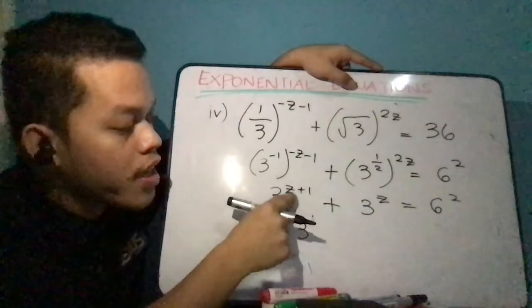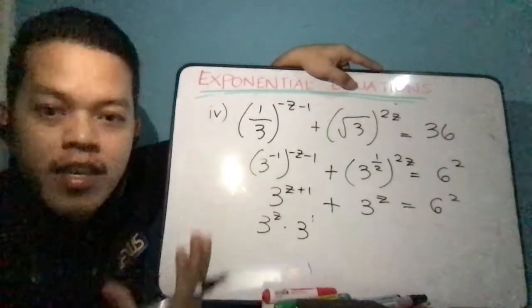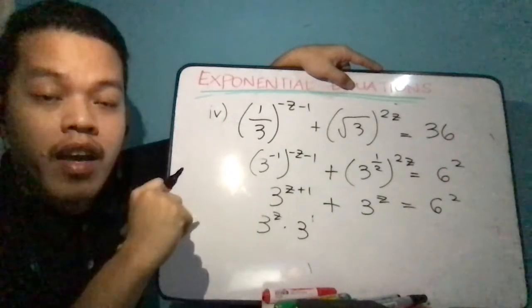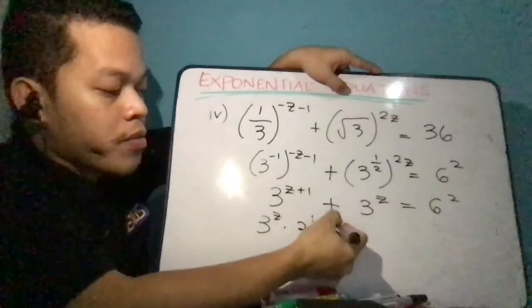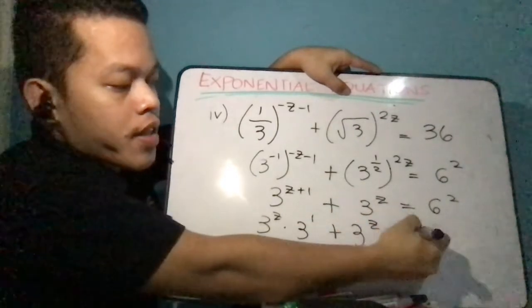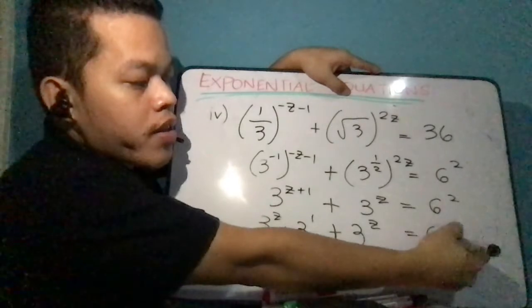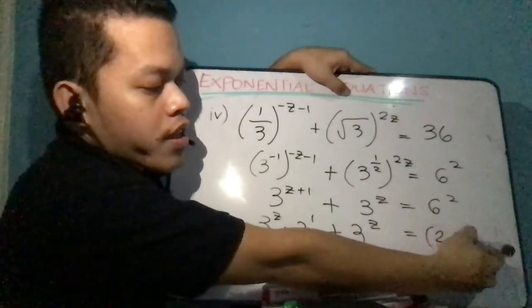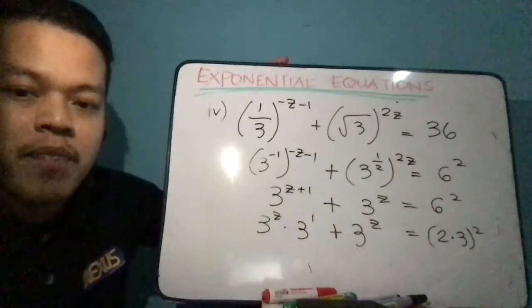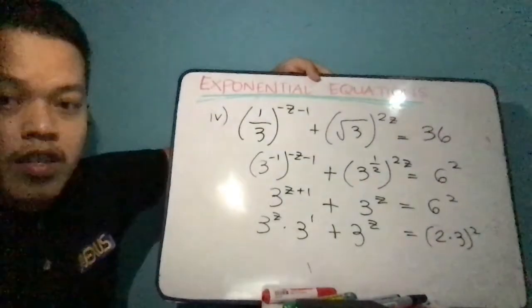So when you see expressions in the exponent with addends, that means you can separate them in terms of their product. So that will be plus 3 to the z is equal to, and this one, we can actually use 2 times 3 here, quantity squared. Okay, and that will be the start of our solution.